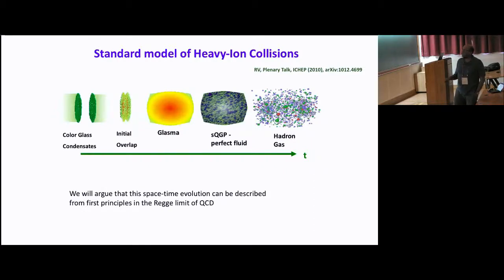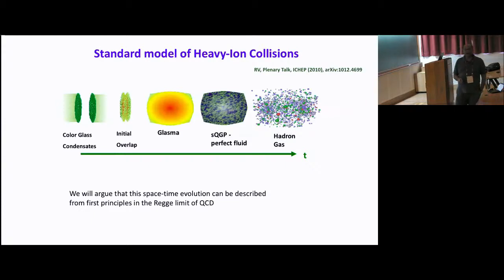And so here's the picture that has developed over the last decade or longer, perhaps two decades, is that you have this initial description of the wave functions of the two nuclei as being color glass condensates.